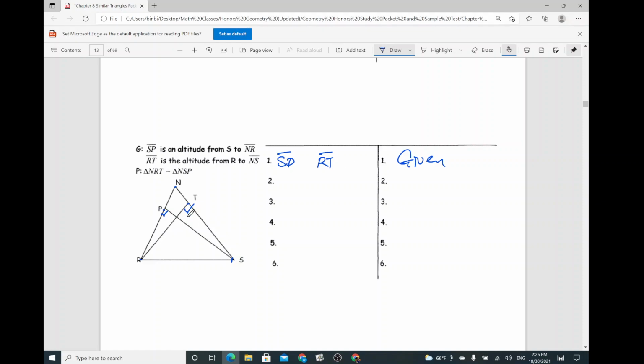So one thing that we notice is the perpendicularity, the right angle. So we can say that angle NTR equals 90 degrees. Same thing happens with angle SPN equals 90 degrees. This one is called the definition of an altitude of a triangle.